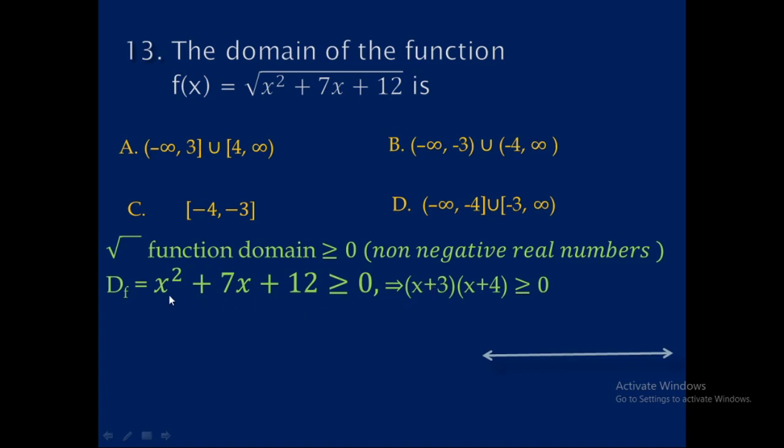Splitting the middle term, you get the factors: x plus 3 into x plus 4 is greater than or equal to 0. When x plus 3 into x plus 4 is positive, just recall the result: if f of x is equal to x minus alpha into x minus beta, greater than or equal to 0, here x equal to alpha is 0 and x equal to beta is also 0.